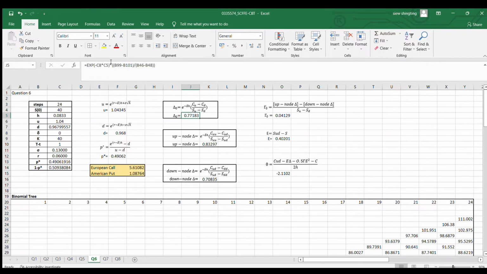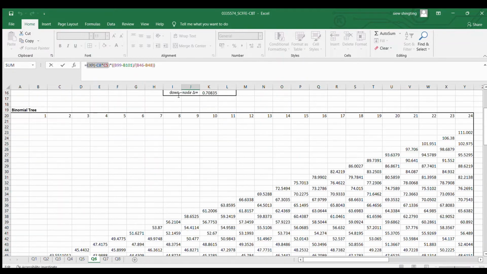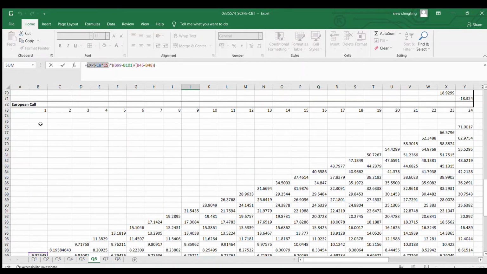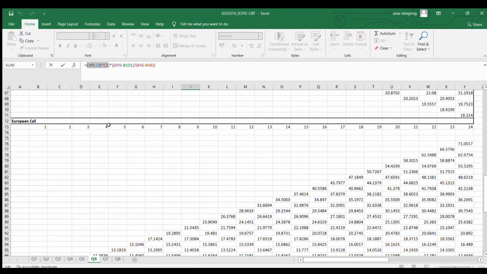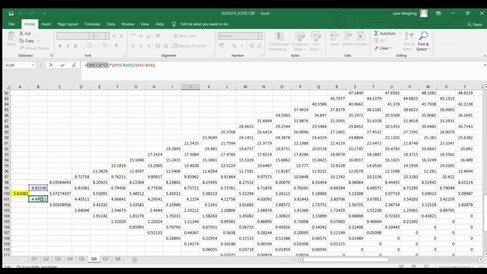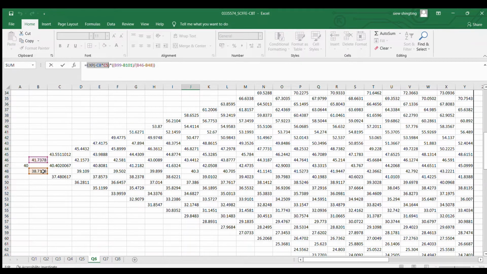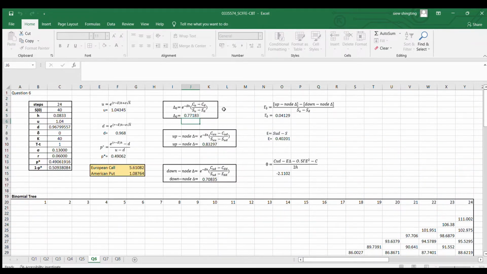So from here, we just put the data for the exponential from here, delta and H, and times the CU minus CD. CU minus CD is from the European call. So for the period 1, the upside minus downside, and divide by the binomial 3 upside minus downside. So we can get the delta 0 is 0.77183.